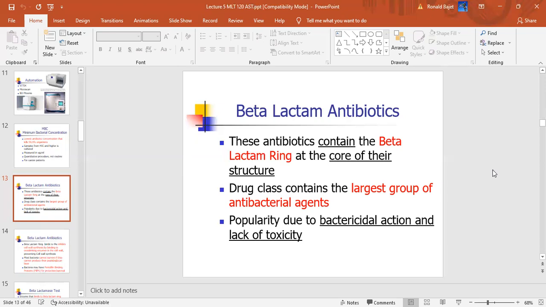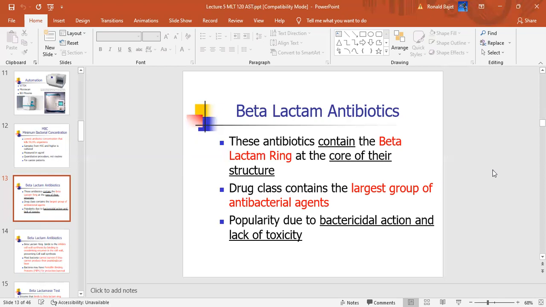So the beta-lactam ring is in the antibiotic. Beta-lactamase is a defense mechanism that the organism has, because it wants to protect its peptidoglycan cross-linkages. So that's its way of fighting back against the antibiotic.